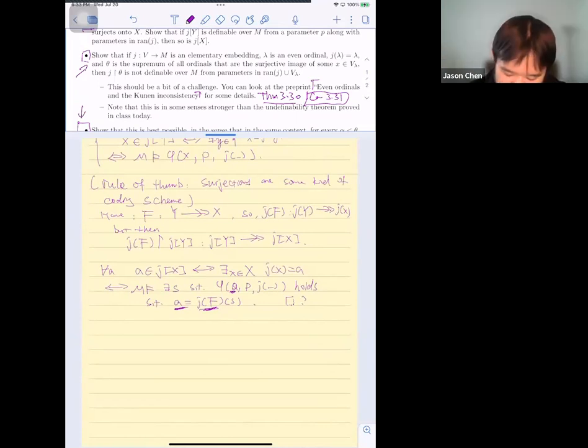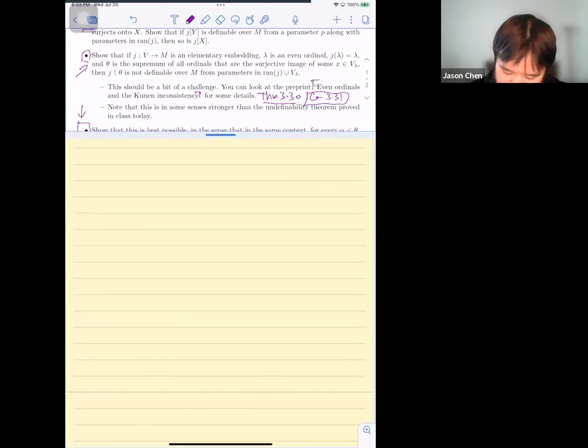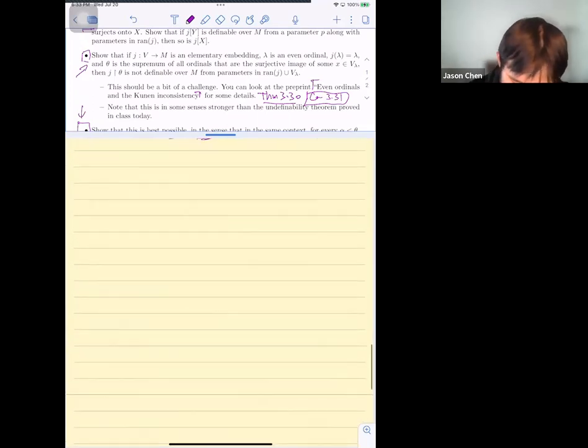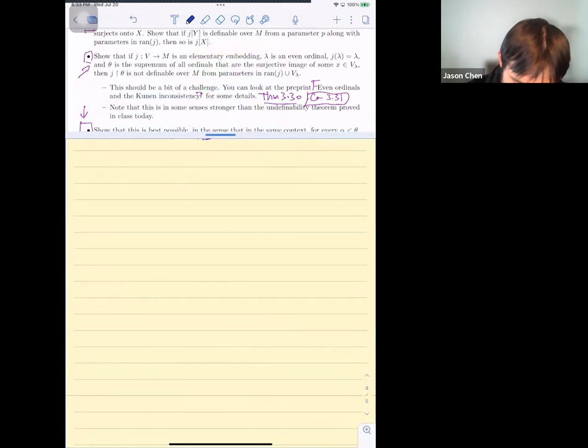The point is, let me get a different color. Main tools in the even ordinals paper.